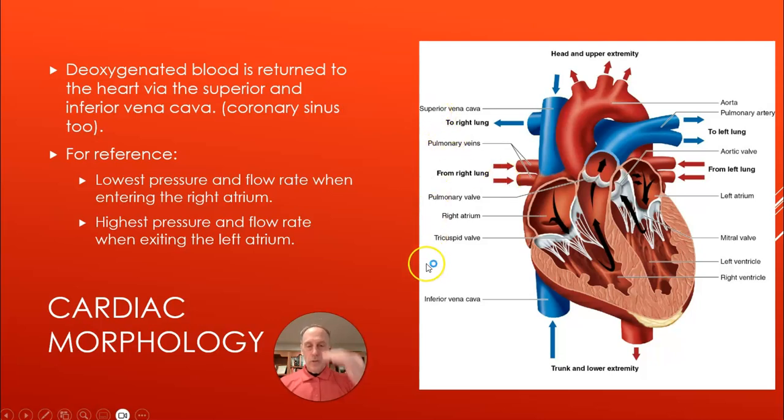Superior versus inferior: one is above, one is below. Vena is named after what it does. It returns blood to the heart, so it's a vein. Arteries take blood away from the heart. That helps: arteries away, AA. Veins to the heart. And cava is so named because it's a very large opening like a cave.